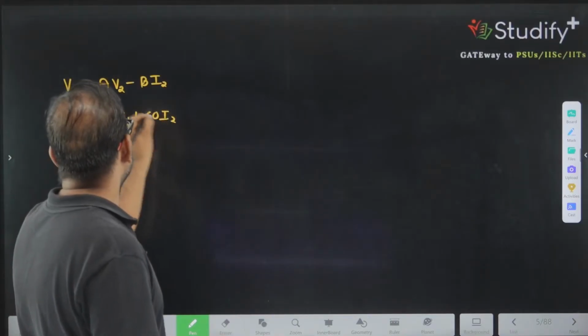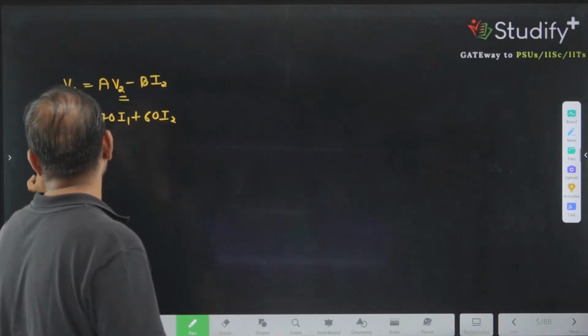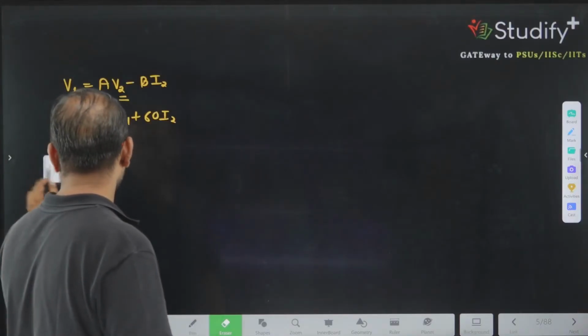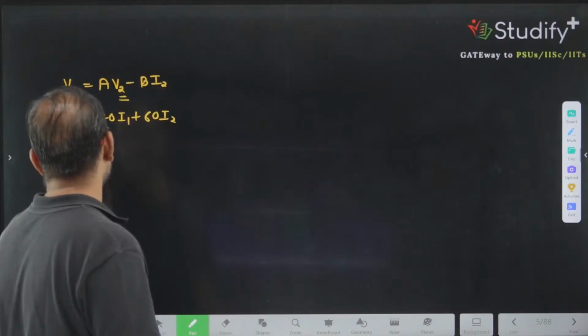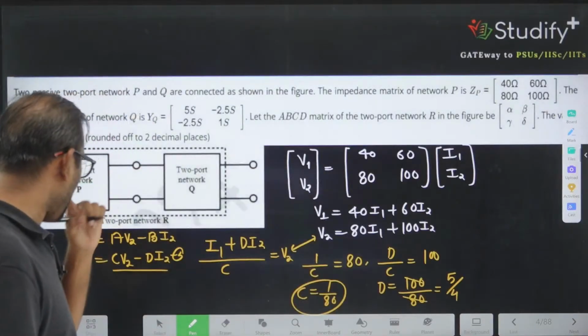So we are interested in the value of V2. So you can say V1 is equivalent to A times V2. What is the value of V2?